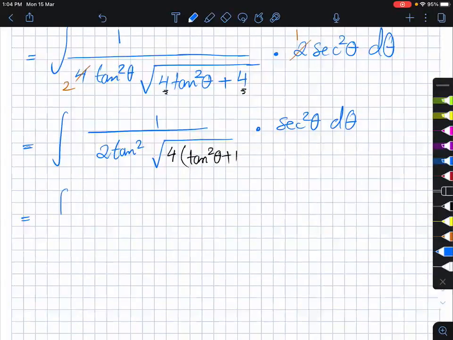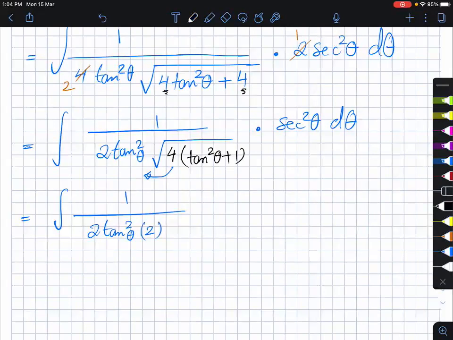Equal the integral of 1 over 2 tan squared theta. Radical 4 is 2, so 4 comes out of the square root as 2, and we still have the root of tan squared theta plus 1.